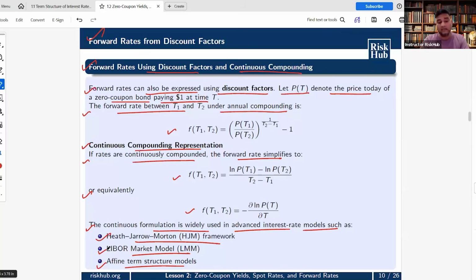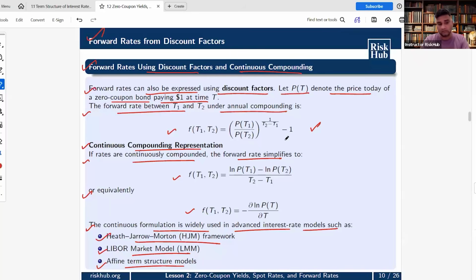Again, the slide rewrites the forward rate using bond prices rather than rates. So F of T1 comma T2 is given by the formula: F of T sub 1 comma T sub 2 equals open bracket P of T sub 1 divided by P of T sub 2 close bracket raised to the power 1 over T sub 2 minus T sub 1, minus 1. Again, P of T1 and P of T2 are the prices today of $1 paid at T1 and T2.